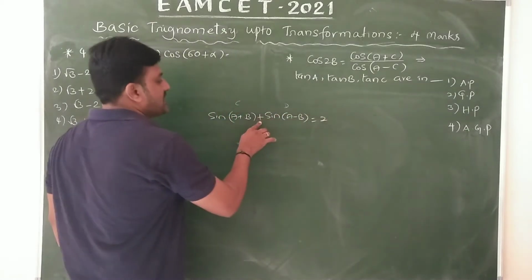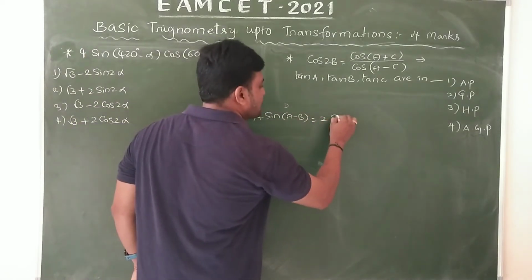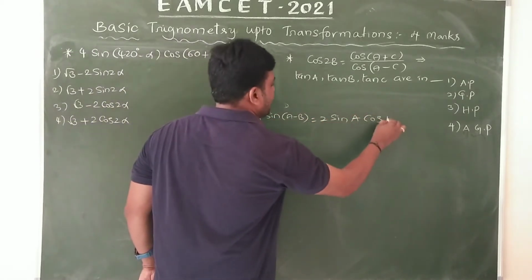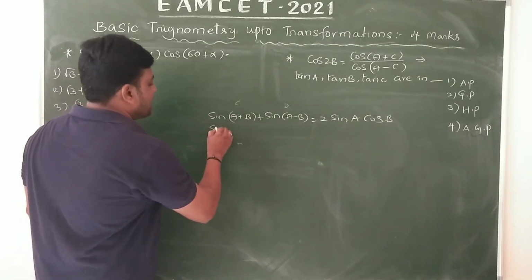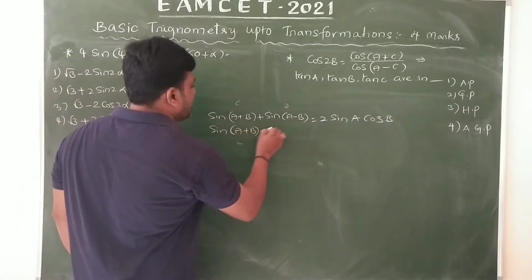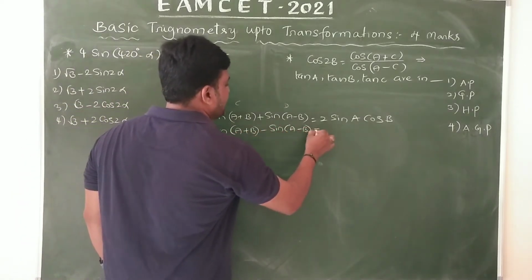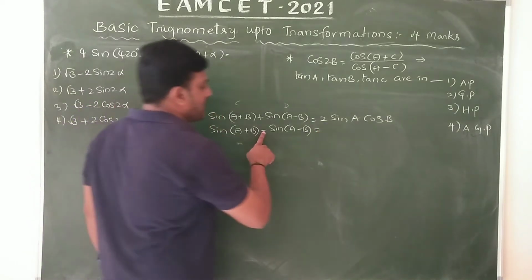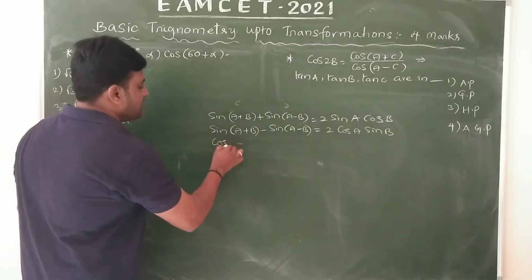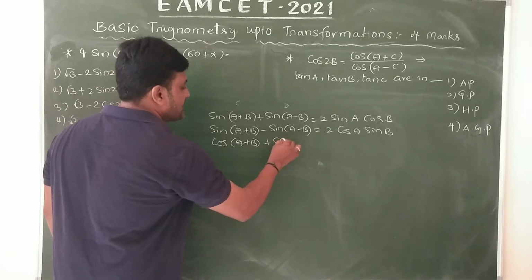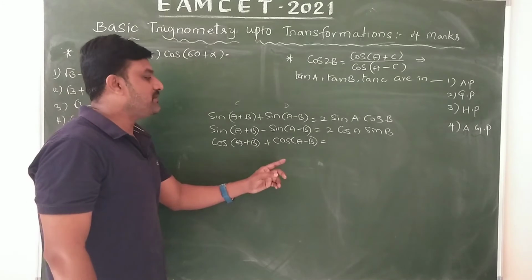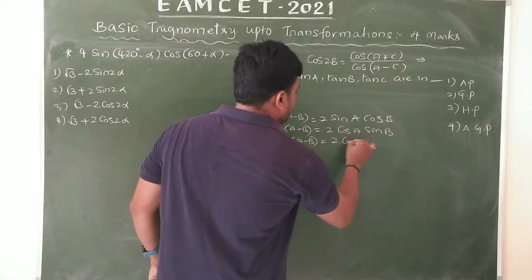2 sine, because here it is plus; for the sine formula we have sine and cos. So A plus B, A minus B, then A and B. I hope you understand. Sin(A plus B) minus sin(A minus B) equals, here minus, so 2 cos A sin B. That's enough. Similarly cos(A plus B) plus cos(A minus B), it is a cos formula, and the cos formula has two cos when it is a plus.